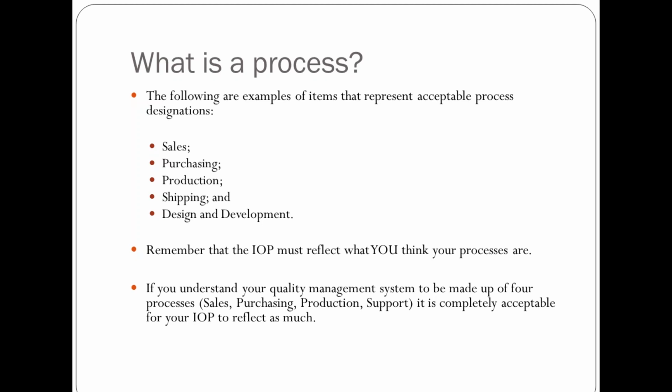If you come to Perry Johnson and say that your quality system is made up of 4 key processes, say sales, purchasing, production, and support, that is completely acceptable. As long as what we see when we are in your facility squares with those 4 processes, that will be considered completely acceptable.